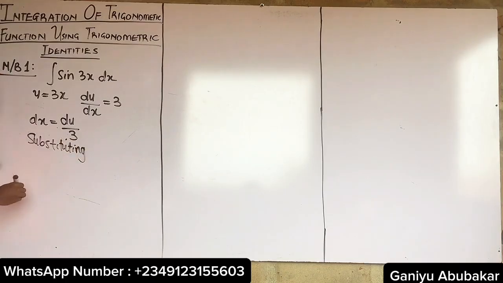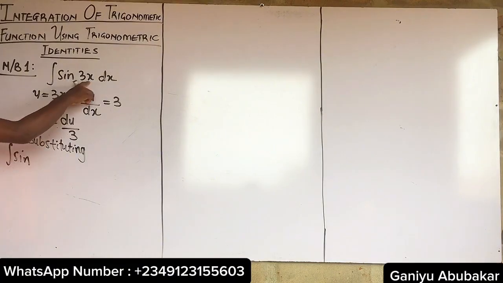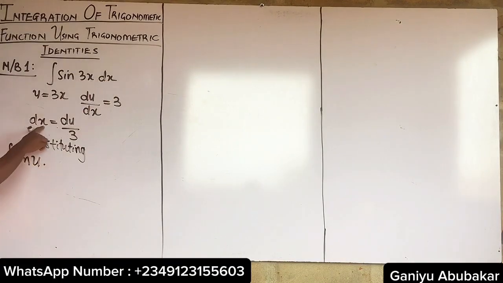What do I get? I have the integral of sine 3x. We just said 3x is u. Sine u dot dx. What's dx? It's du over 3.